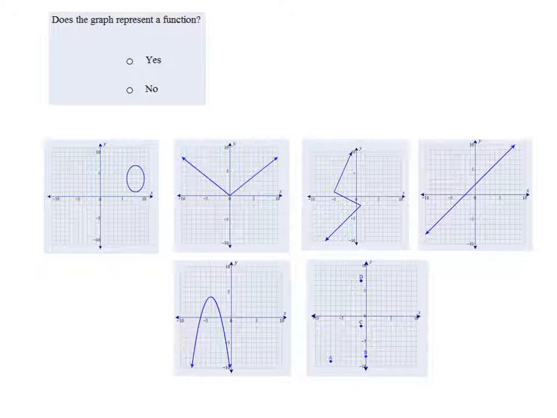Now here I have a whole bunch of graphs we're going to try. These are not nice sets of ordered pairs. When you see a graph, and this is the third, fourth, fifth thing in this lesson, we're going to test and see if any of these are functions or not. To do that, we're going to use what we call the vertical line test. This works great if you're looking at graphs.